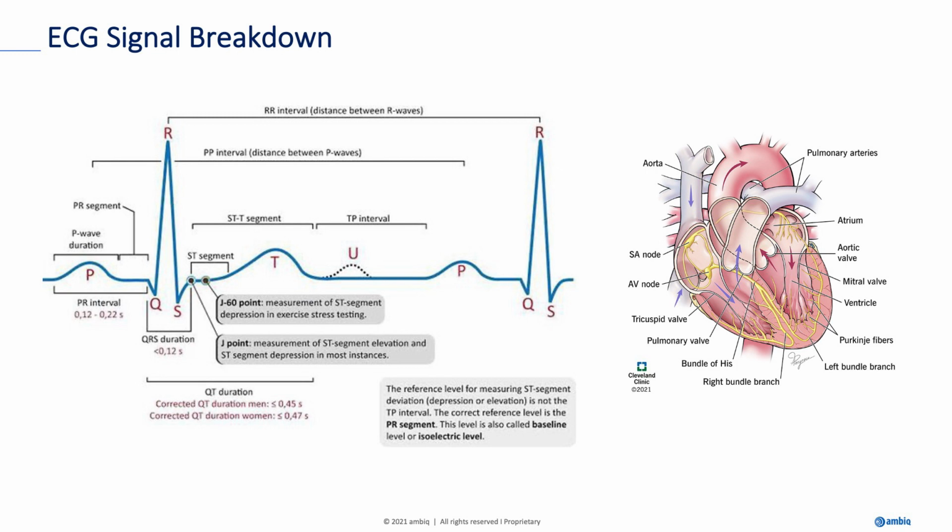That's up in the atrium. That propagates down to the AV node, which does a propagation delay, giving enough time for the atria to completely contract. From the AV node, it then travels down through the bundle of His, through your left and right bundle branch blocks, and that goes through your Purkinje fibers. All of that sequence happens.